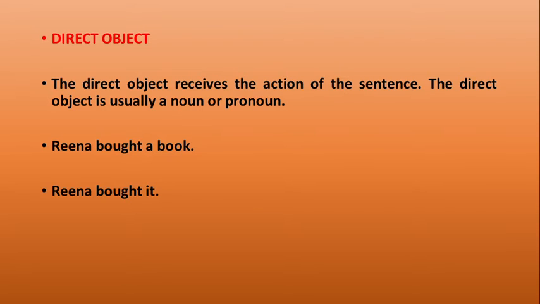Look at these two examples. Reena bought a book. Reena bought it. In the first example, a book is direct object which is a noun. In the second example, Reena bought it. It is also the direct object which is a pronoun.